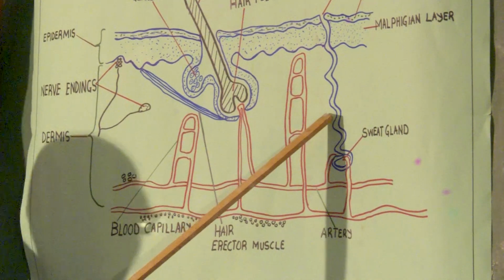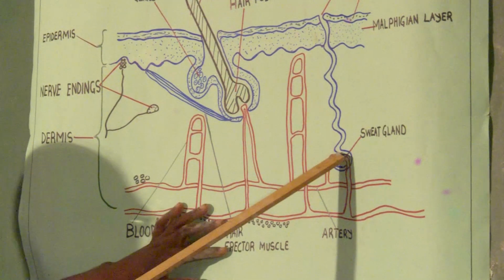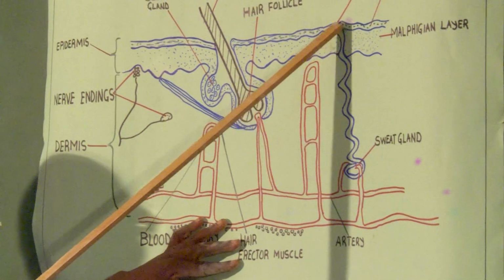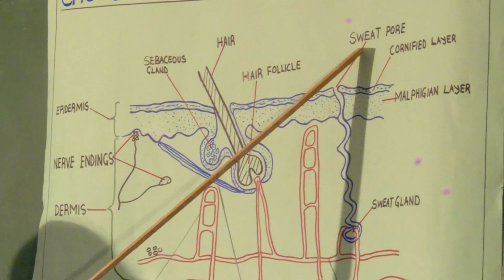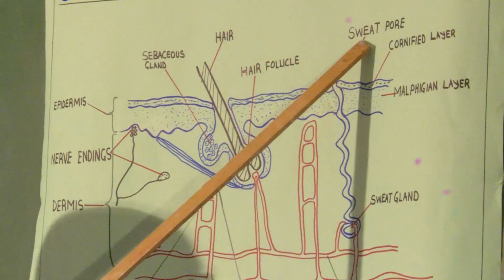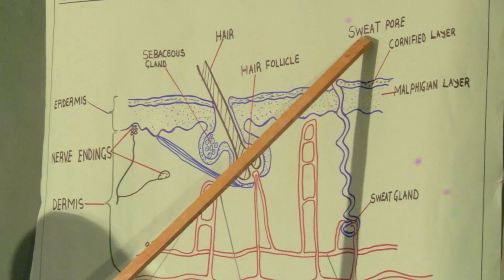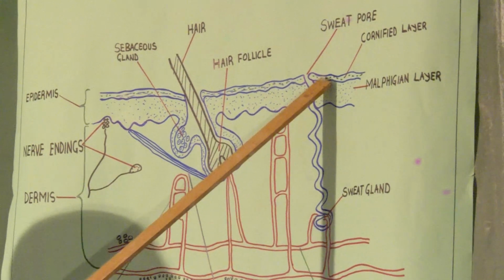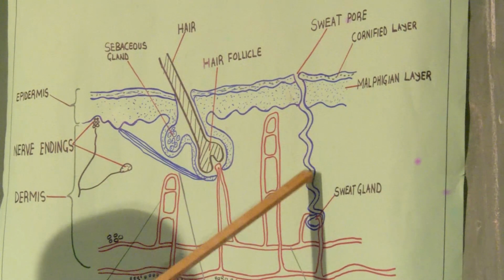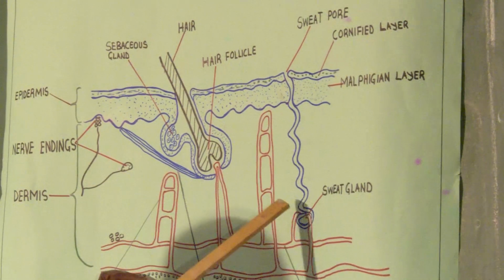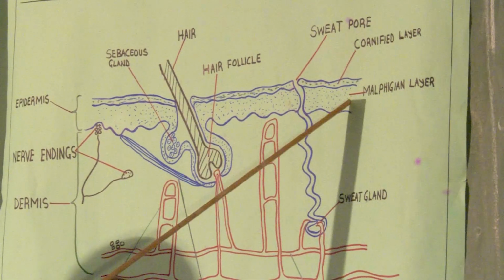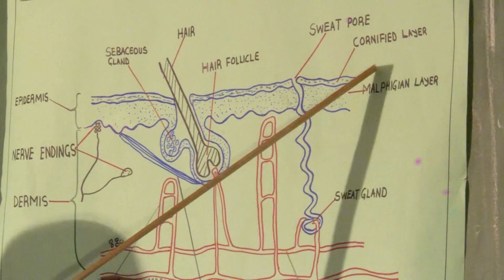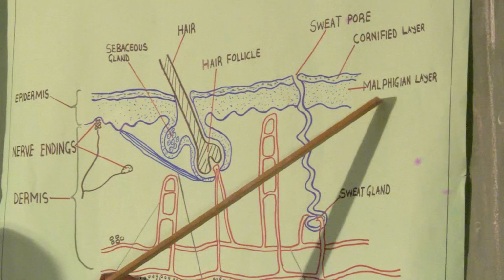When the temperature goes up, the sweat glands are going to produce sweat, which is going to move out of the sweat pore, and the sweat is going to evaporate, leaving the skin to cool. Eventually the body is going to cool. Then we have this layer, which is known as the dermis layer. Then we have the other one, which is the mammalian layer there.